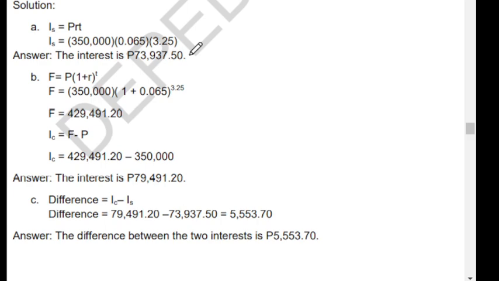So for the interest there, we are going to subtract 350,000 from the compound amount. So meaning what we get is 79,481.20. Okay? So the difference between the two, we subtract the simple interest from the compound interest. So around 5,553.70.